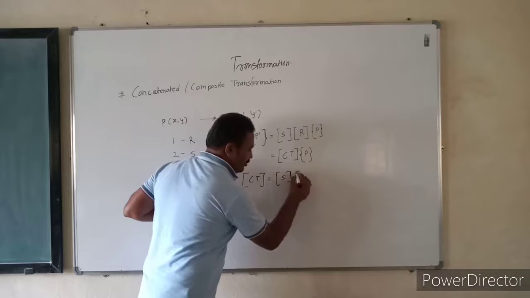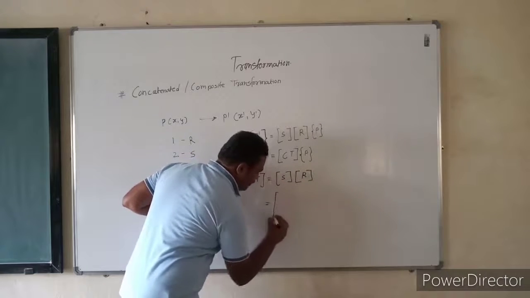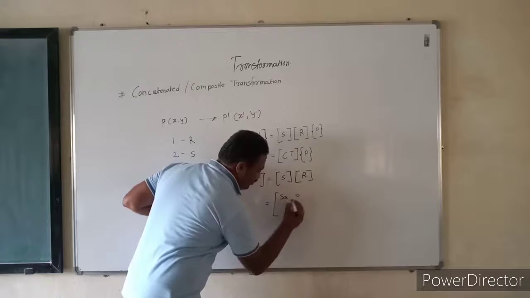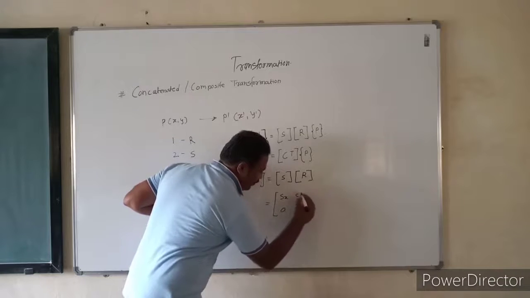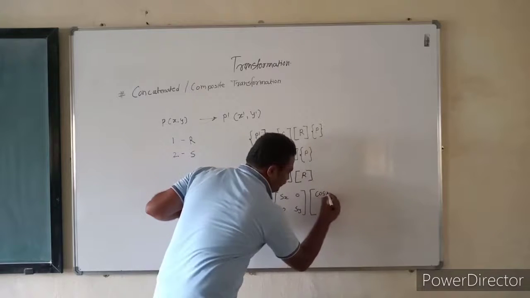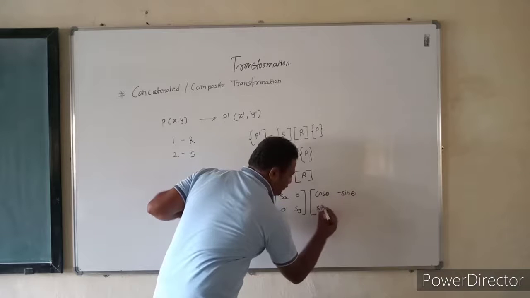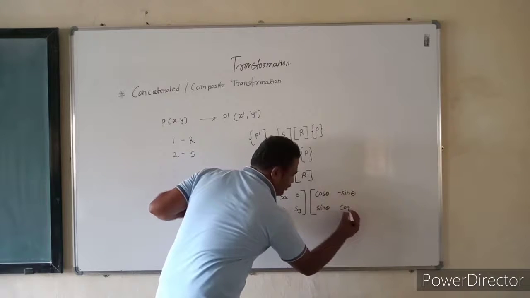Okay, to find the CT matrix, CT is the scaling then the rotation matrix. You know the scaling matrix is Sx 0 0 Sy, and the rotation matrix is cos theta, minus sin theta, sin theta, cos theta.